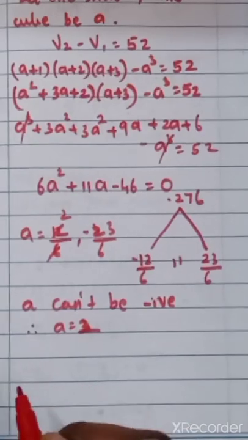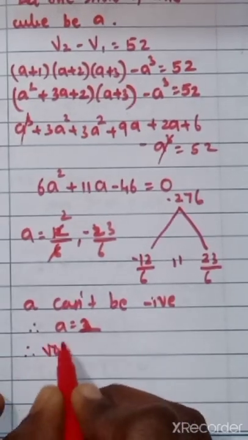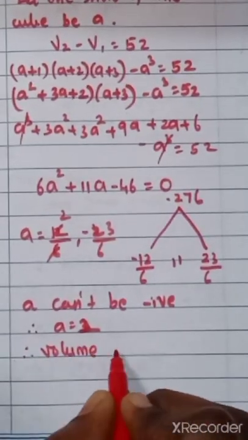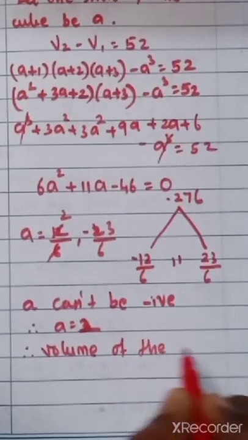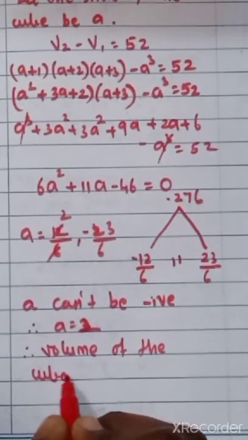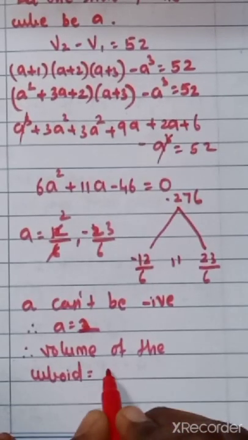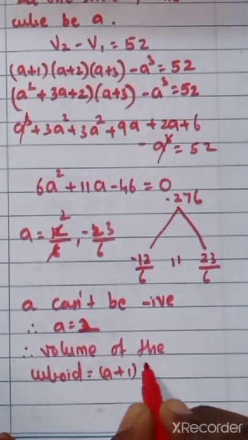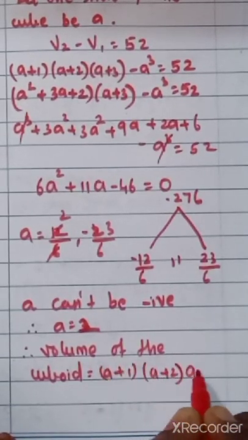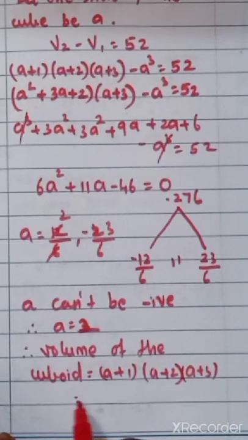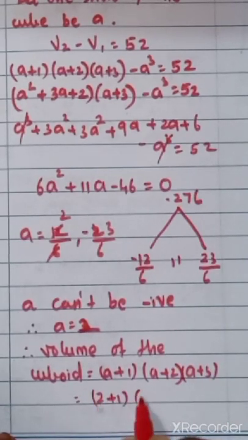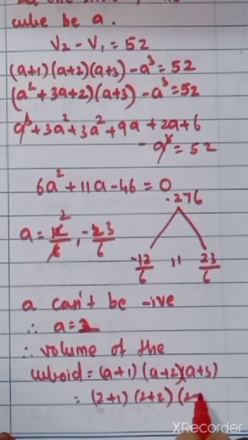The volume of the cuboid, right? Therefore, the volume of the cuboid is equal to a plus 1, a plus 2, a plus 3. That is 2 plus 1, 2 plus 2, 2 plus 3.